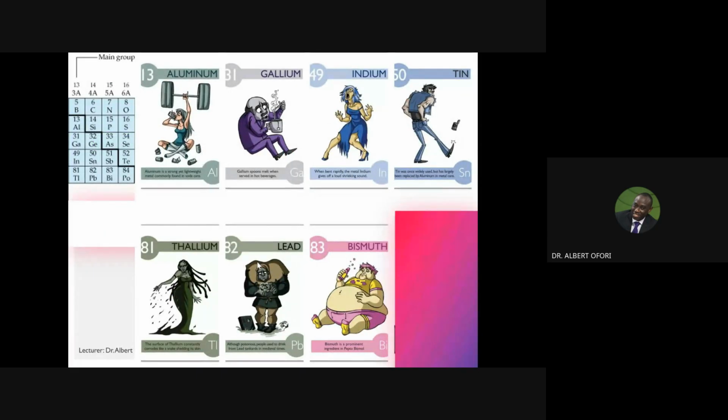Then we look at titanium. Look at that figure there. You're going to say you see this lady that looks like a ghost, a ghost figure moving like a serpent.